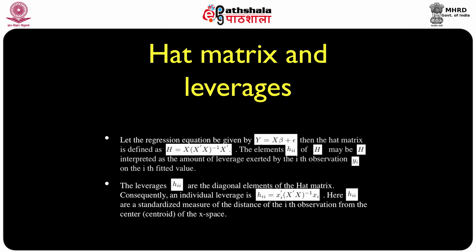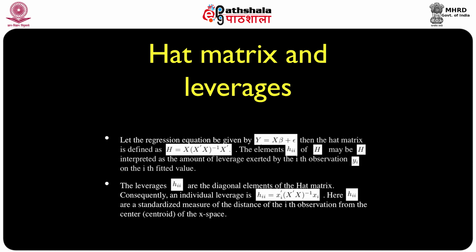The elements h_ij of H may be interpreted as the amount of leverage extended by the jth observation y_j on the ith fitted value. The leverages h_ii are the diagonal elements of the hat matrix.